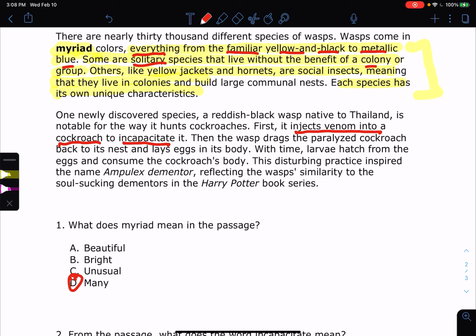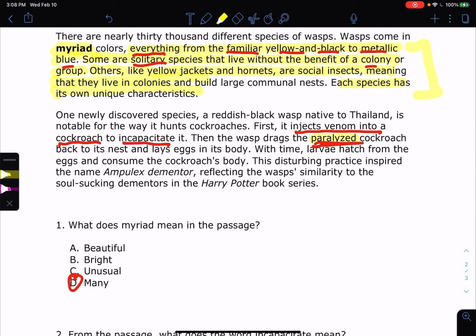Then the wasp drags the paralyzed cockroach back into its nest and lays eggs in its body. That's another context clue. When you incapacitate someone, you don't necessarily have to inject something on them, but this is the end result, that they become paralyzed. Wow, fun times.